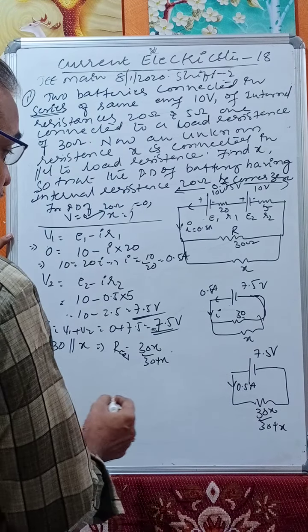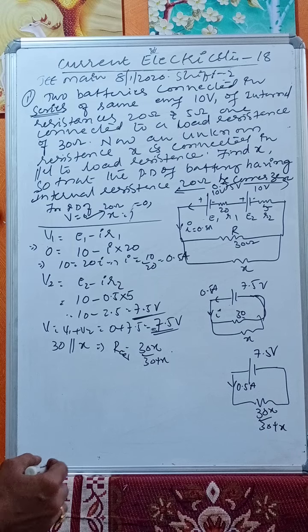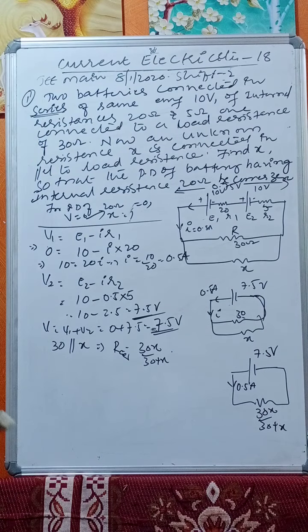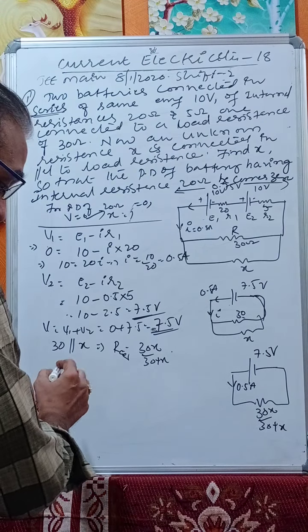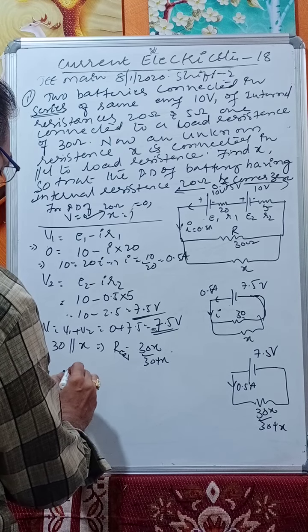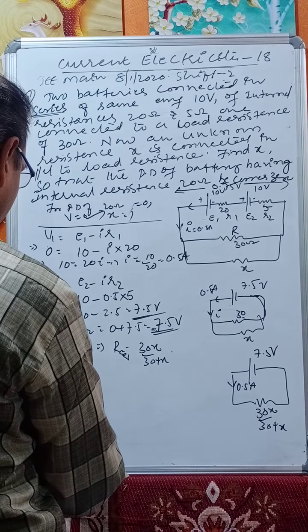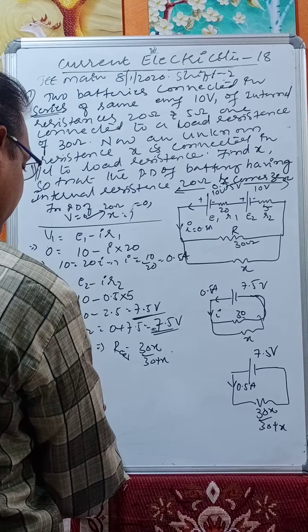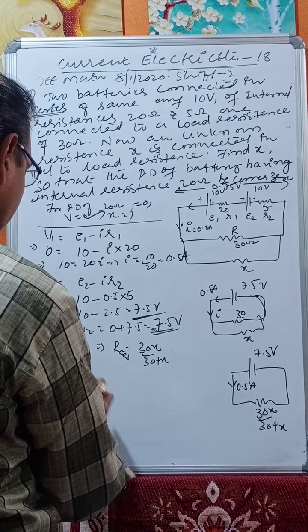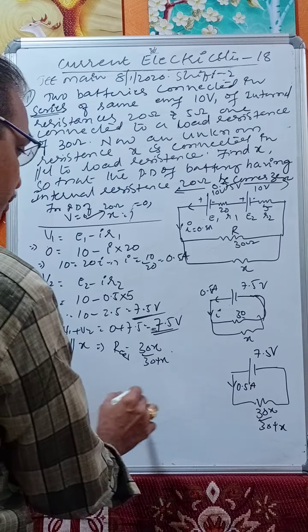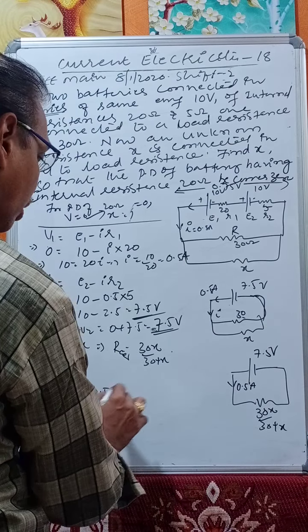Now what is V? V is equal to IR. This implies 7.5 is equal to I, which is 0.5, into R equivalent.